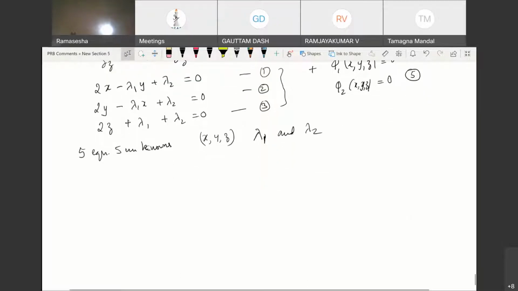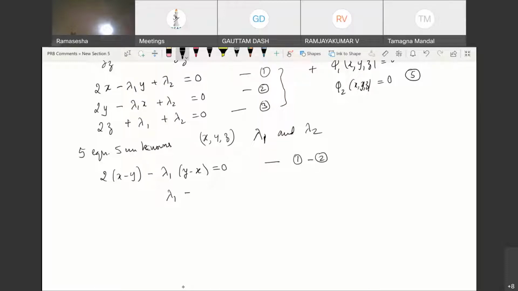Okay, so I will use these to get the values of lambda 1 and lambda 2. Subtracting equation 1 from equation 2, I get minus lambda 1 (y minus x) is equal to 0, and so I will get lambda 1 is equal to minus 2. So I have already got lambda 1.